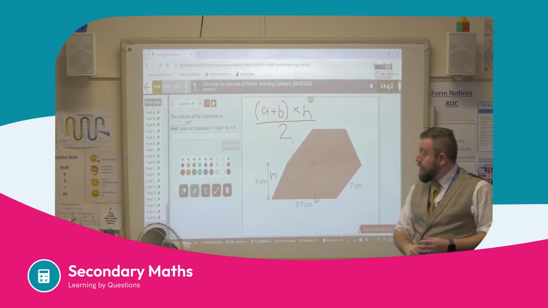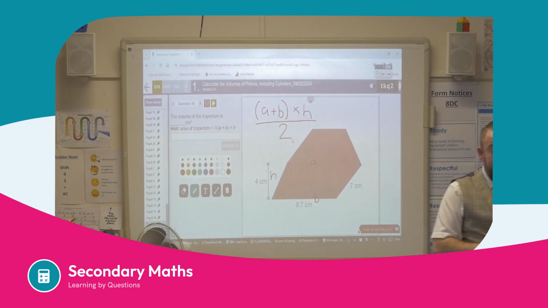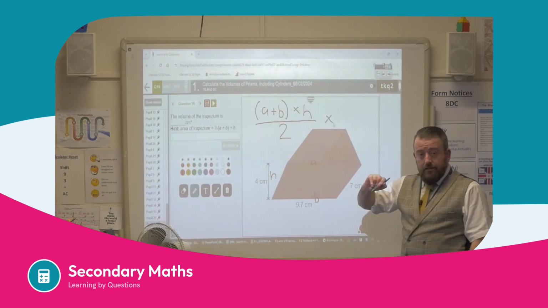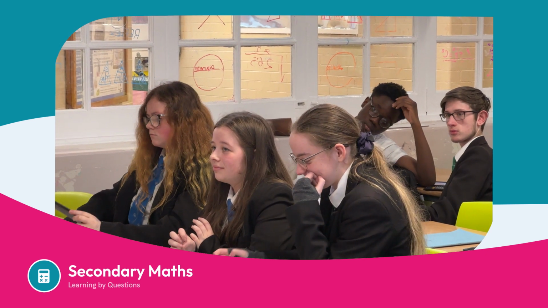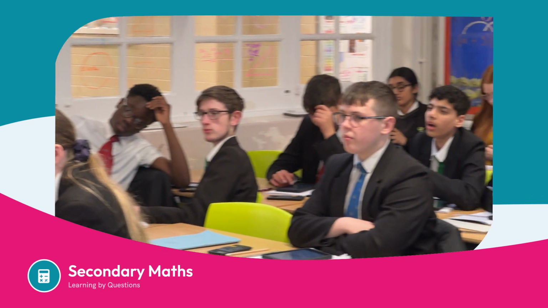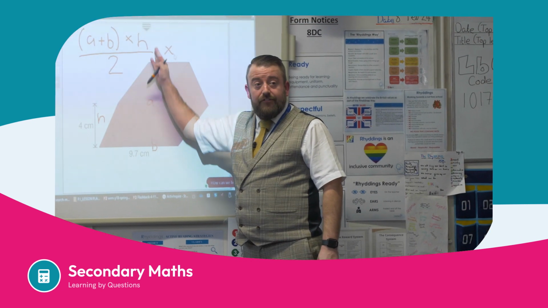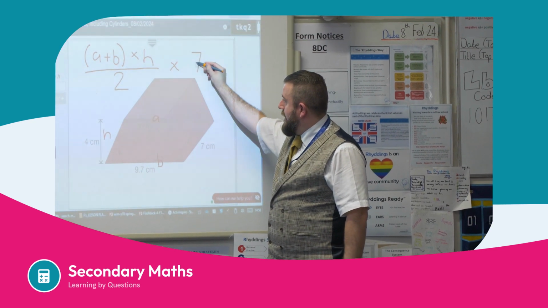So what I want you to do is substitute A, B, and H in your calculator, divide by 2, and then you're going to times it by what? Not the height, the length. So when I found the area of the cross section, I'm going to times it by the length, which is 7.